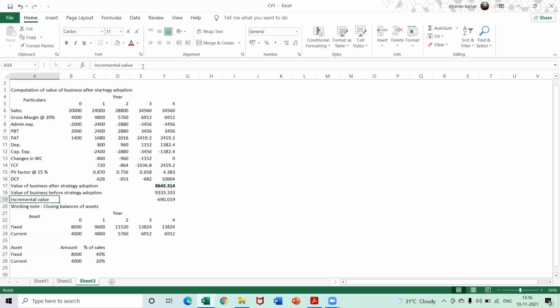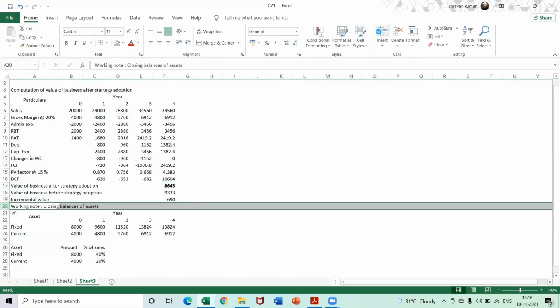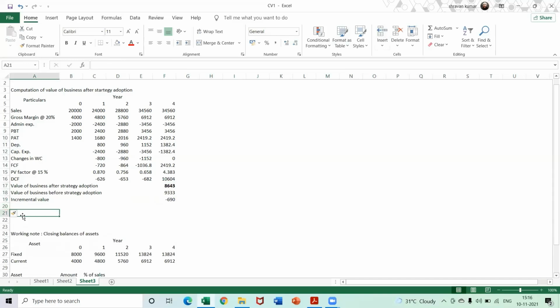So therefore the strategy is not feasible. Okay, this is the conclusion that you make, right? Just highlight this. That's all.